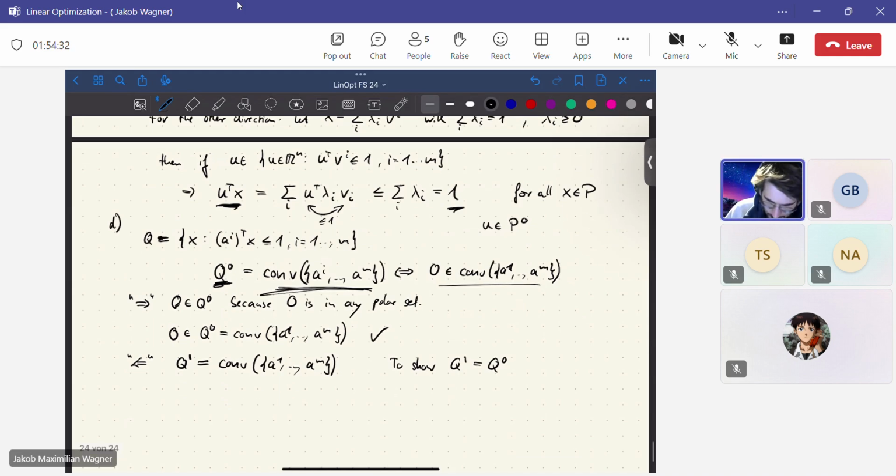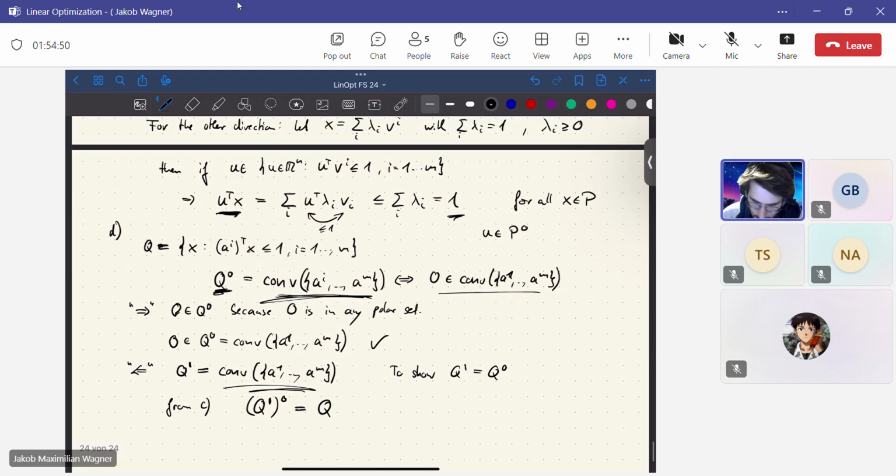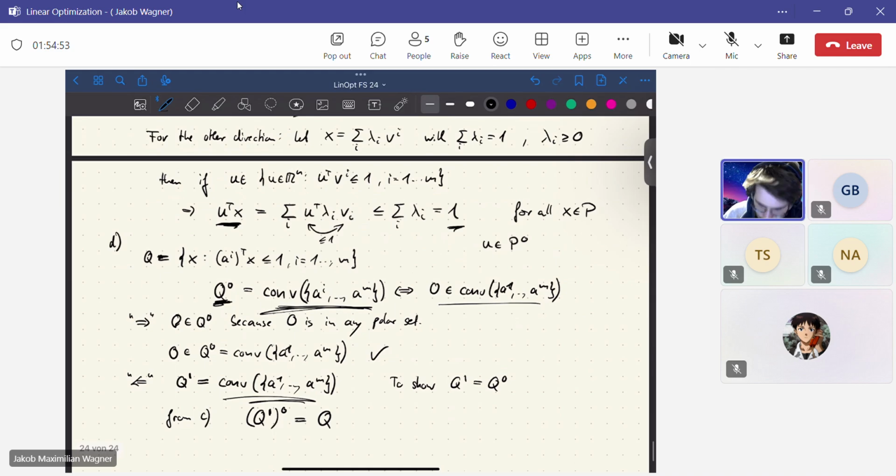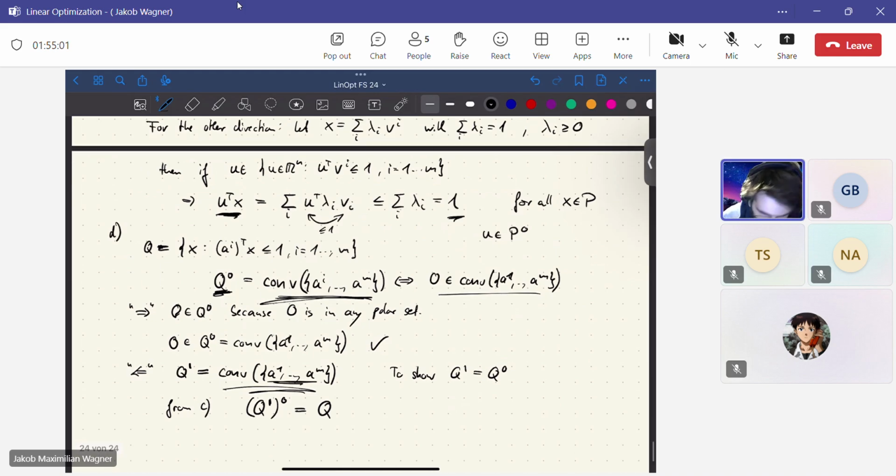If we have this description as this convex hull, we have seen in part C that the polar set of this Q prime, which is the polar set of this convex combination of the vectors, we can write as the original set Q, because this is exactly the set which has these AIs as the normal vectors of a bunch of linear inequality constraints.